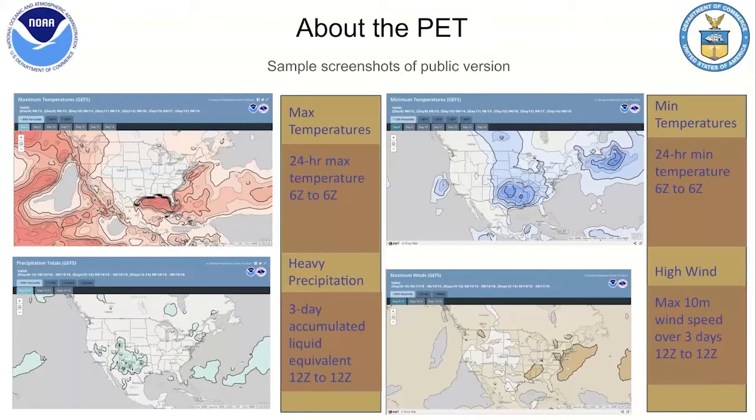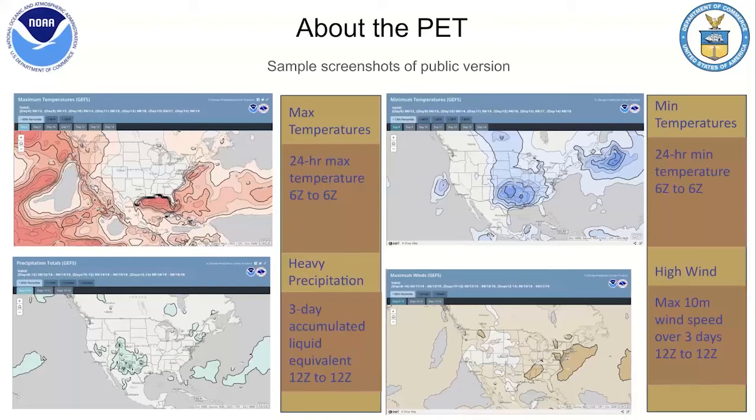Here is a little more information about how we obtain the data and what data we pick out from the model. For the maximum temperature tool, you can see at the top that it's daily. So we have days 8 through 14 separately on the tab on top. We take the maximum temperature for each of the days, and the bounding period for that is 6Z to 6Z.